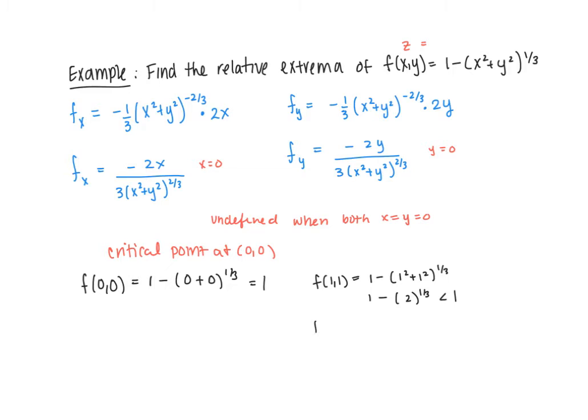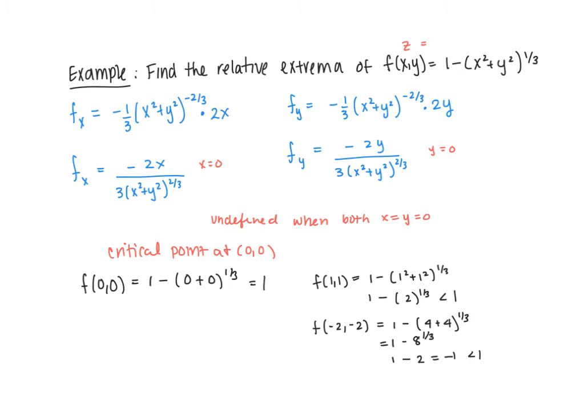I can plug in something else, maybe (-2, -2). So 1 minus (-2 squared is 4, plus -2 squared is 4) to the 1/3, so 1 minus 8 to the 1/3, which is 1 minus 2, which is -1.